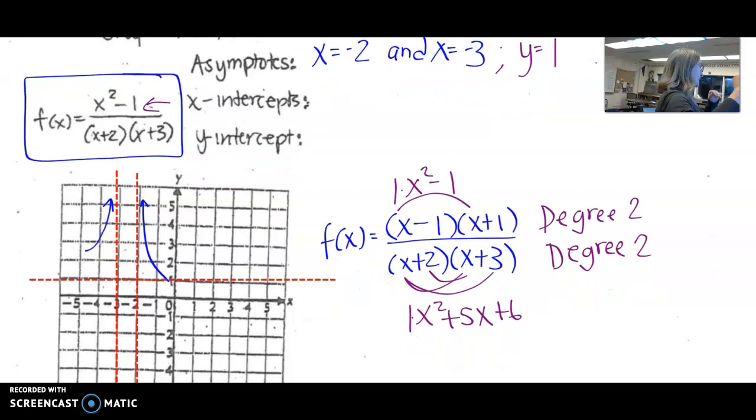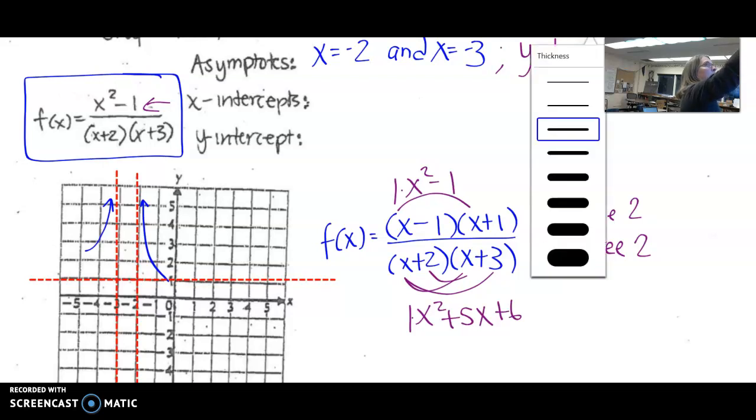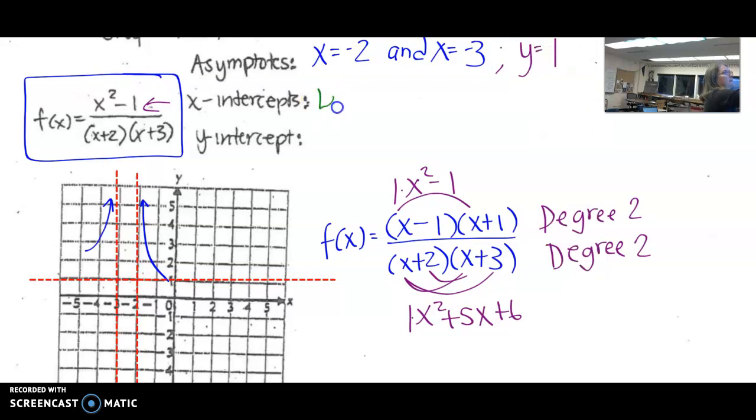Okay, so now we need to find our x and our y intercepts. To find your x-intercepts, you're going to let y equal 0. Because anywhere you cross the x-axis, the y-coordinate is always 0.